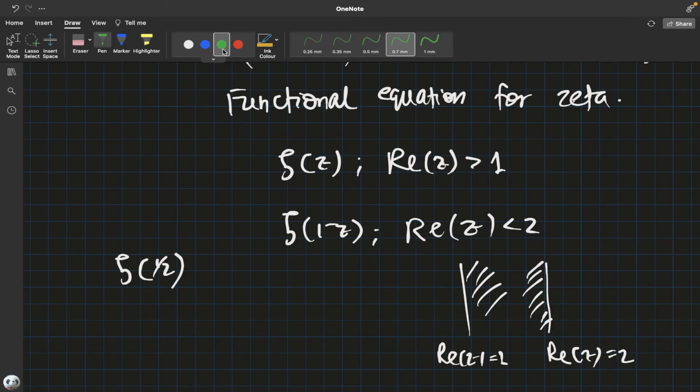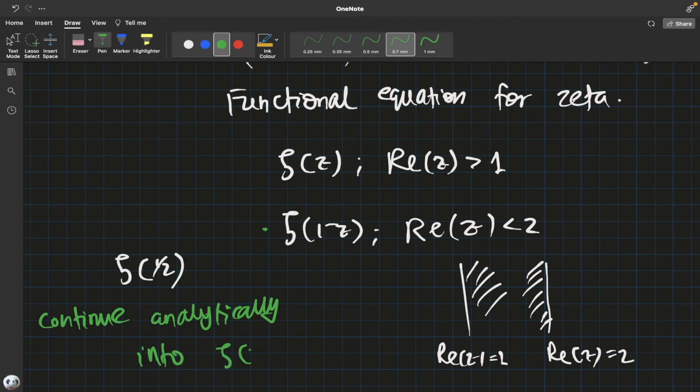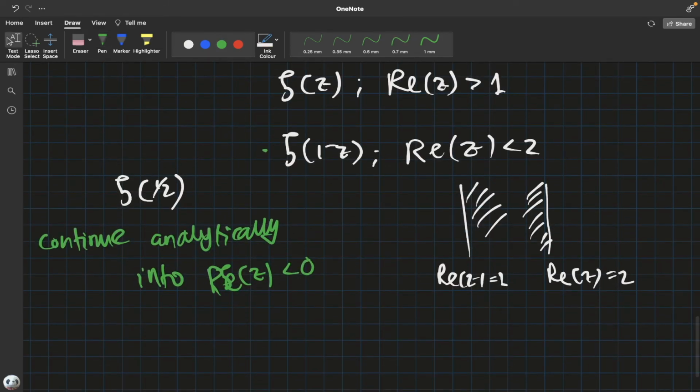So we can analytically continue Riemann zeta of z into the region of convergence for this Riemann zeta, which is the negative part of the plane. So we can continue analytically into real part of z less than 0. And doing that just justifies negative values of the Riemann zeta.